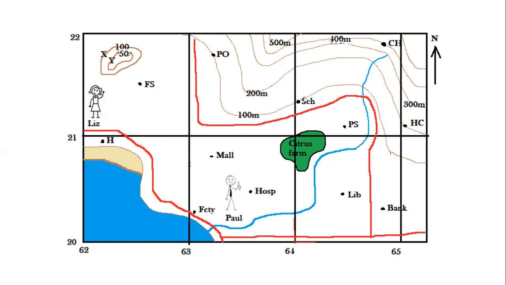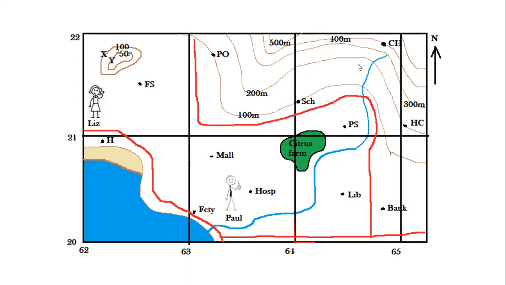So they will have to go up by 300 meters in order to move from the school to the church. Now, as they go up, they are also going across.